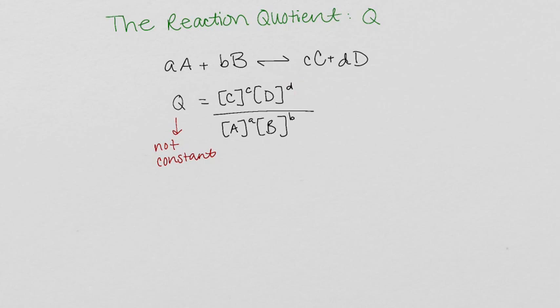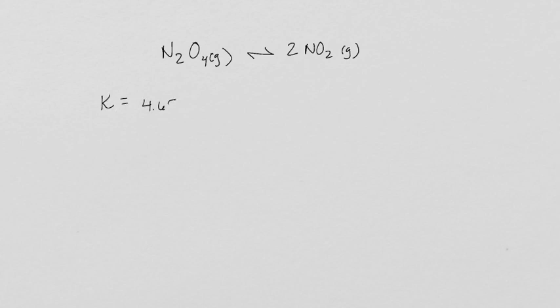So let's take a look at a specific example. We've got N2O4, and it's decomposing to 2 moles of NO2. Our K value is 4.65 times 10 to the minus third.